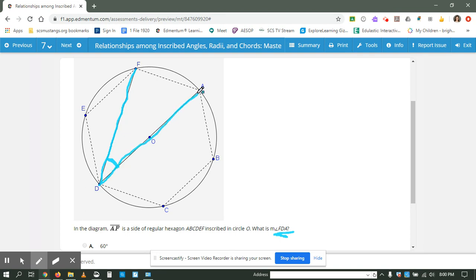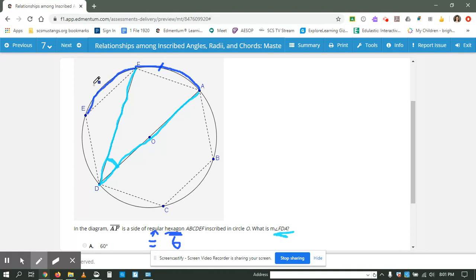And then we also have to remember regular hexagons. What does it mean for a hexagon? Hopefully you remember that means it is 6 sides. And then what does it mean for it to be regular? That's going to mean that all sides and angles are equal to each other. So if we take this hexagon and we inscribe it, or put it inside of a circle, that's going to create arcs that are all equal to each other.